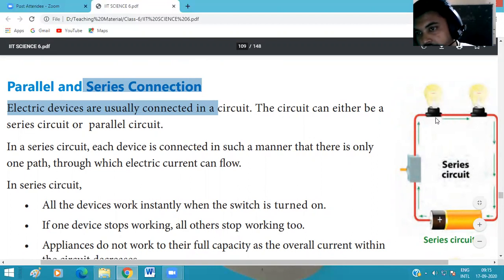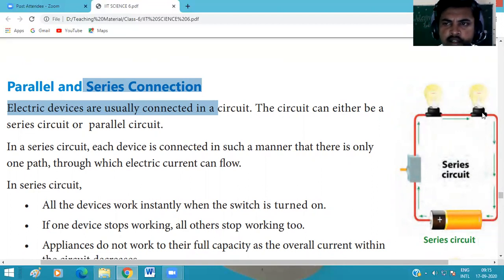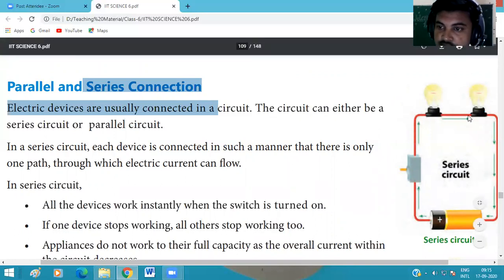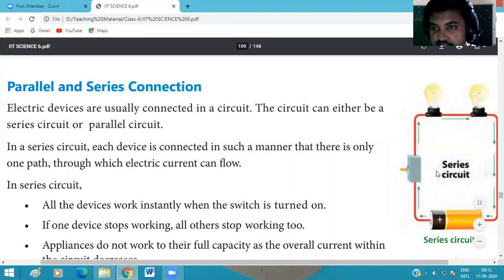First one bulb, then the second bulb, and then 3, 4, 5. If we want many bulbs, we connect them in series. This type of circuit is called a series circuit.